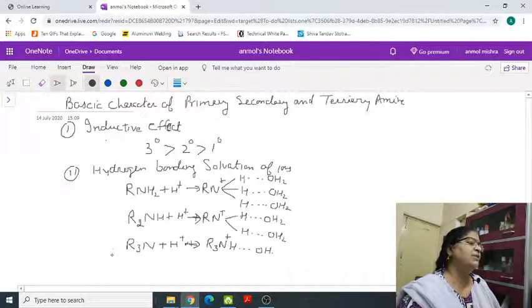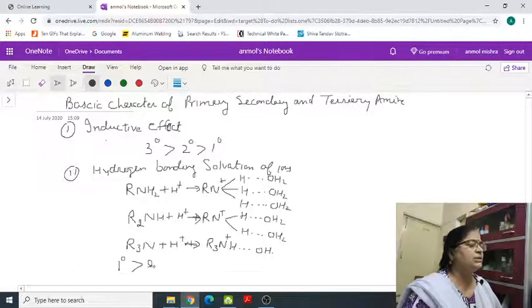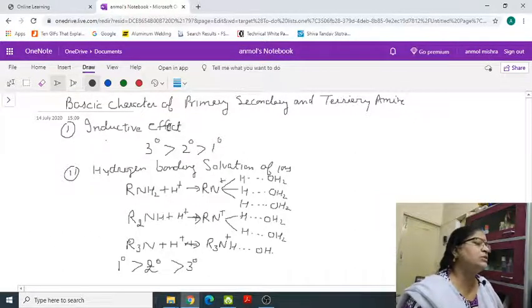So by this factor, basic character of primary is greater than secondary is greater than tertiary. So just reverse order according to the two different factors.